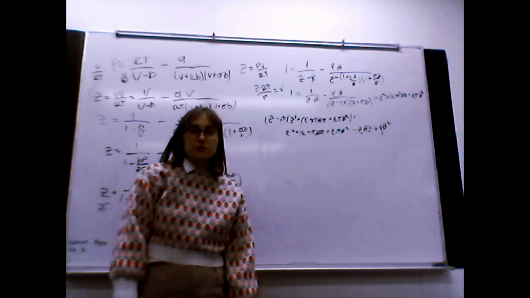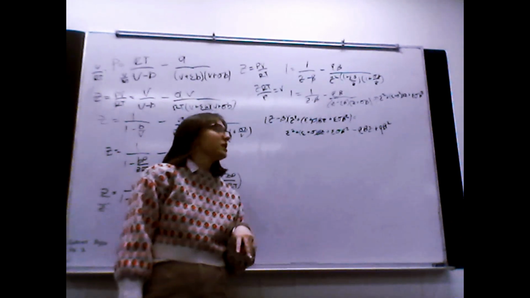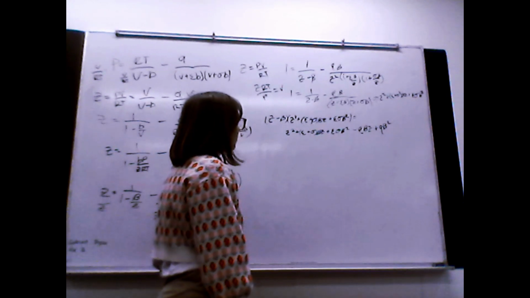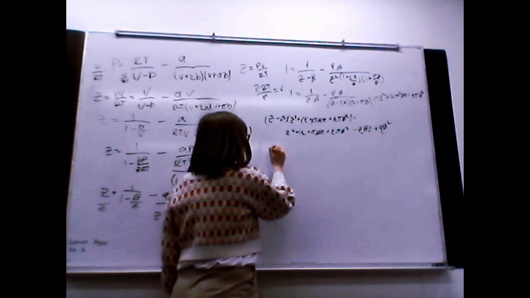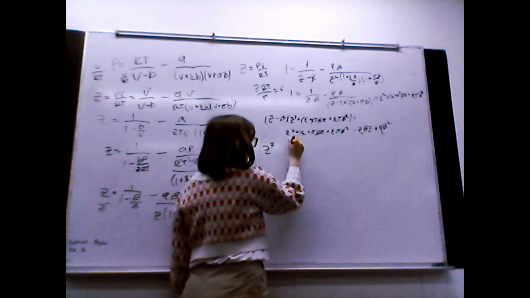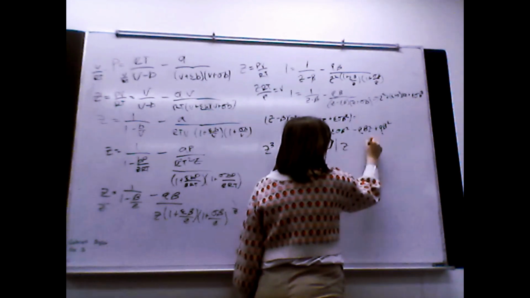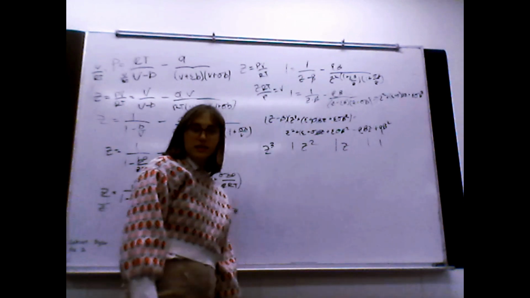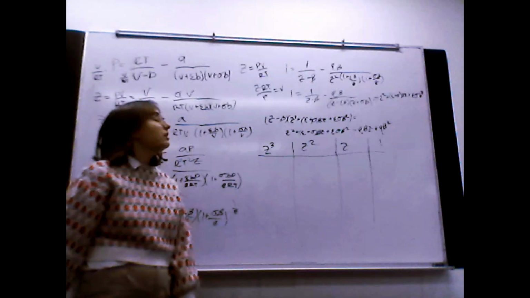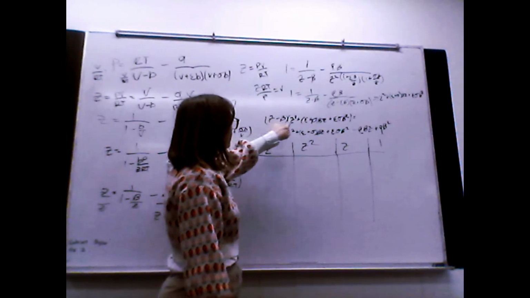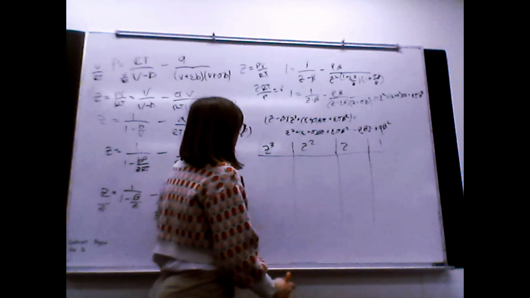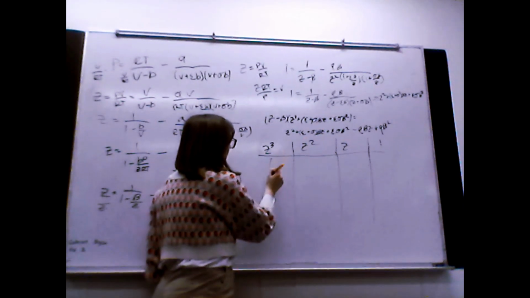Let's get our polynomial going. It's going to have 3 roots. So z to the third, we have z squared, we have z, and then we have just our constants, our 1s. So multiply this by this, z times z squared is going to be 1.